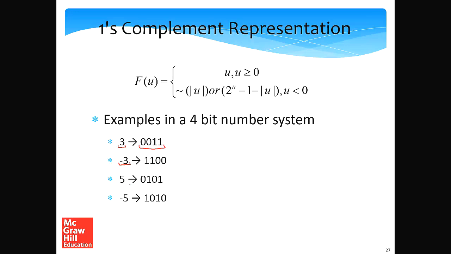Similarly, if we consider plus 5, we take the regular unsigned representation of plus 5, which is 0101, and if we consider minus 5, then what we basically do is that we invert every single bit of plus 5 to get minus 5.